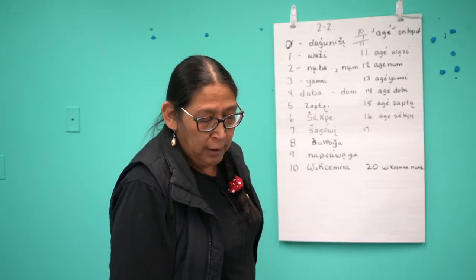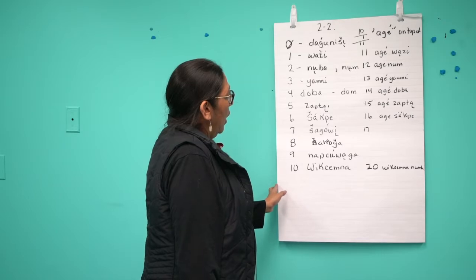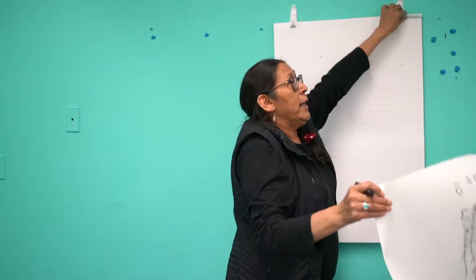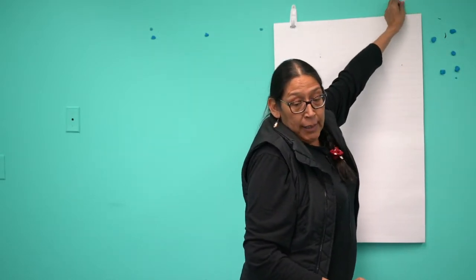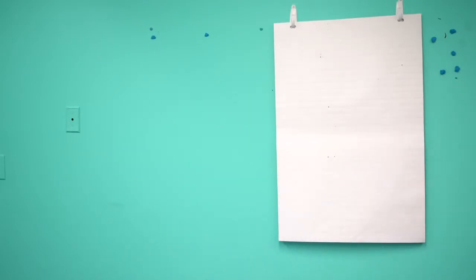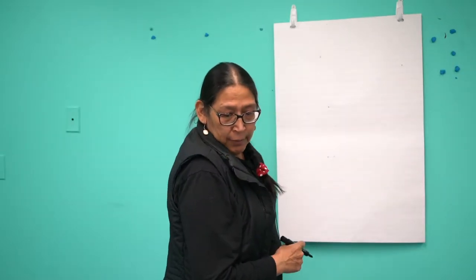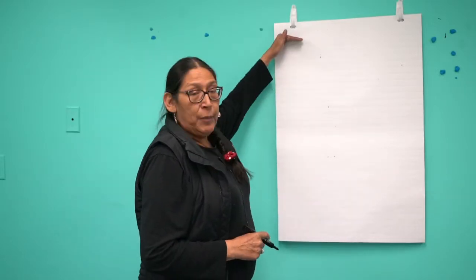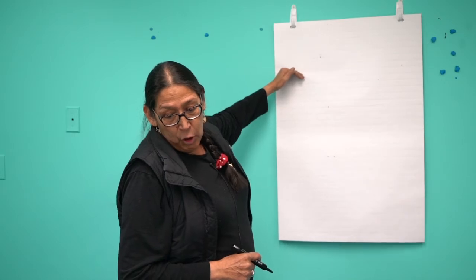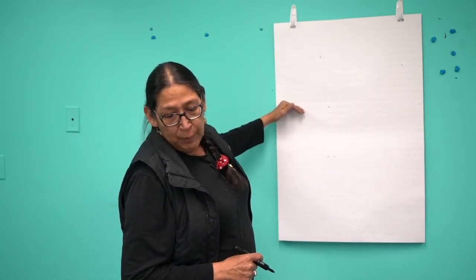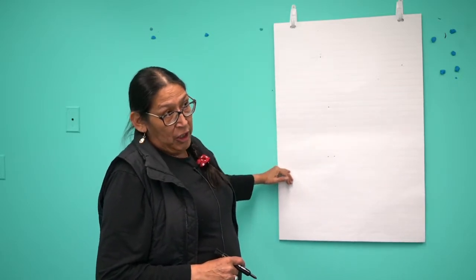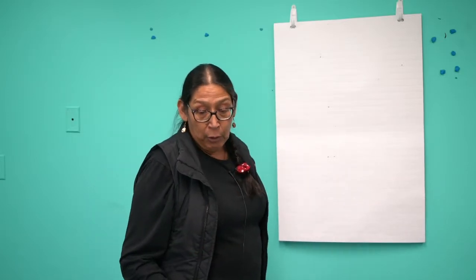Now, let's go on to 20 to 100. Again, now your on top of is going to change. I showed you what 20 was, wikjemna num. And that would be all your 20, 30, 40. You would all go wikjemna num, wikjemna yamni, wikjemna doba, wikjemna zapta, wikjemna shakbe, wikjemna shagowi, wikjemna shaknocha, wikjemna napchuang, 10, 20, 30, 40, all the way down to the hundreds.